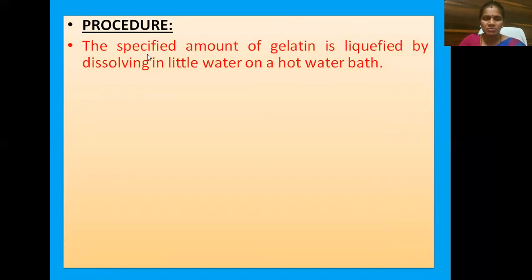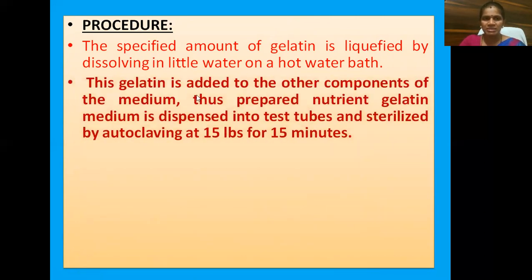Now, let us go through the procedure. In the first step, the specified amount of gelatin is liquefied by dissolving it in a little water on a water bath. Gelatin cannot be dissolved in cold water or room temperature water, so you need to heat the water and dissolve gelatin in a little warm water. This gelatin is added to the other components of the medium.